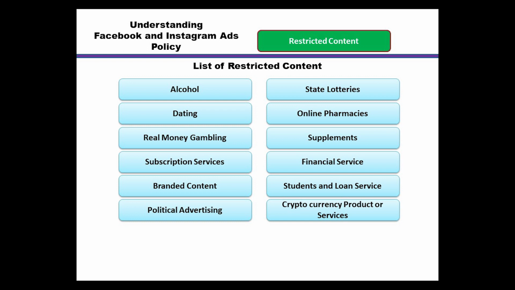And the branded contents. Now the branded contents, as we have explained in the prohibited contents, is very similar to the third party infringement, right? So you cannot use somebody's brand, copyright, policy, trademark, license without their authorization.